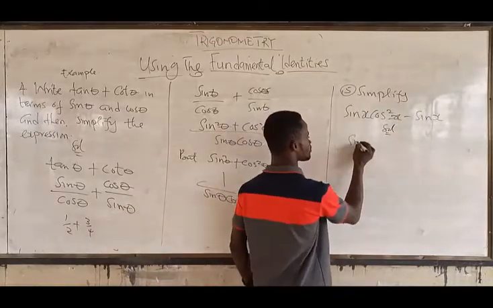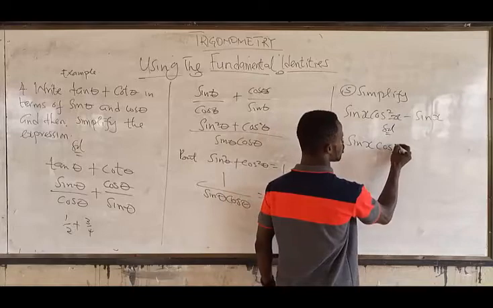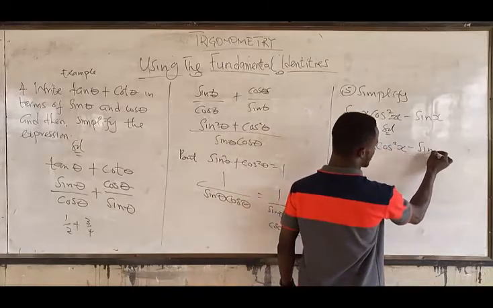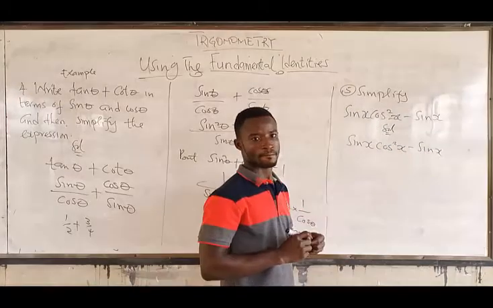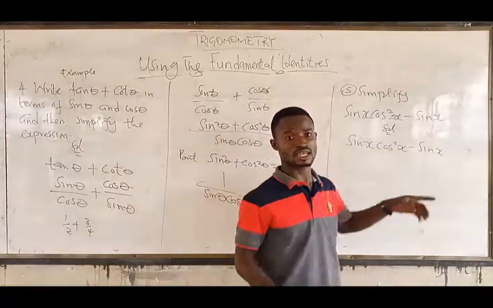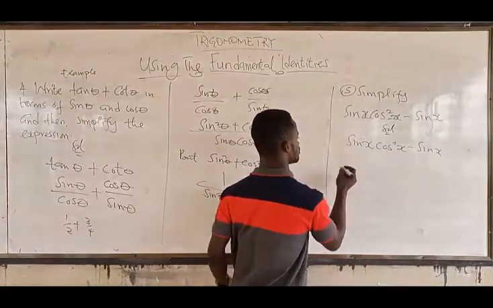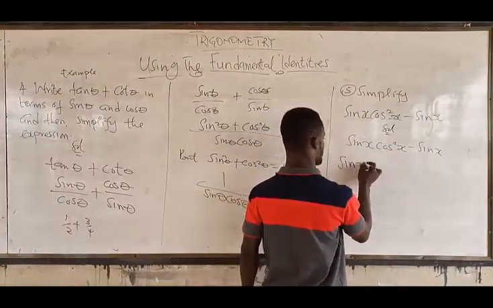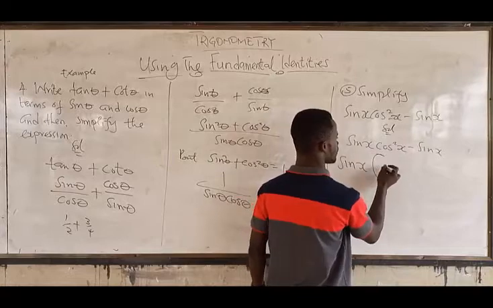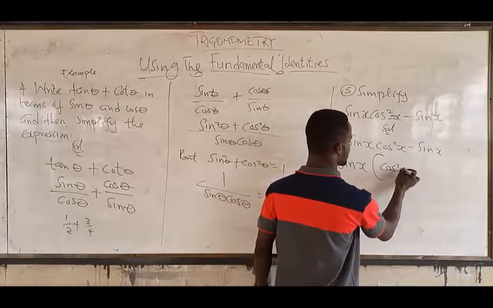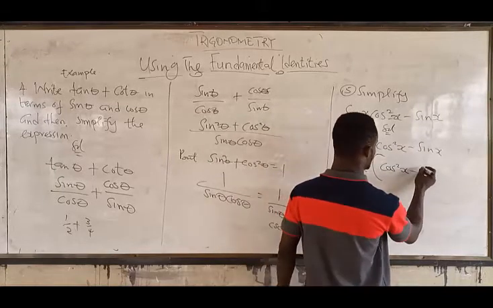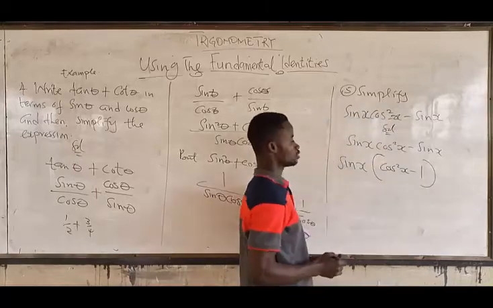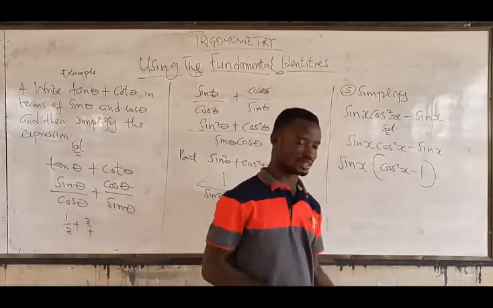Let me repeat. Sin x cos square x minus sin x. Now watch. Sin is here, sin is here, so you can factor that out. So we are going to be left with cos square x minus 1. I'm going to be left with that inside.